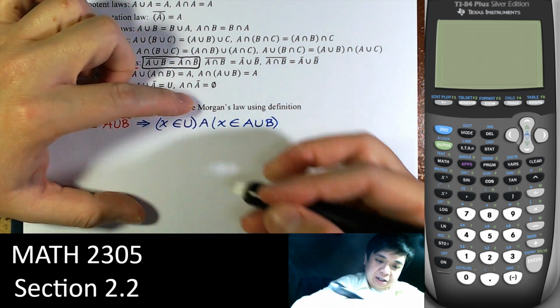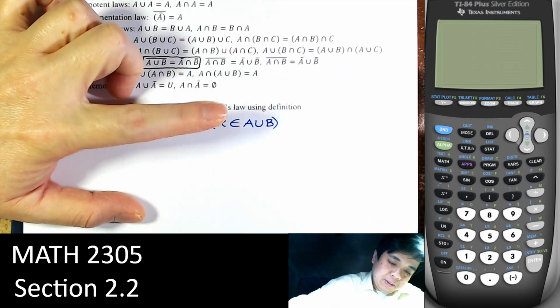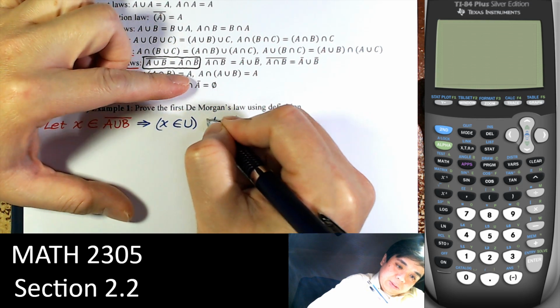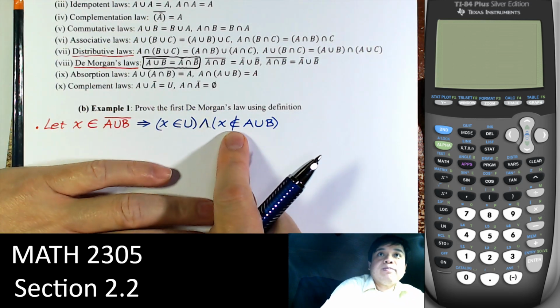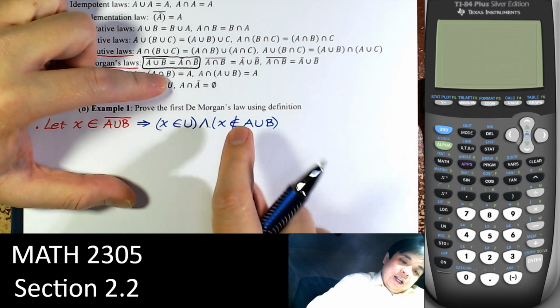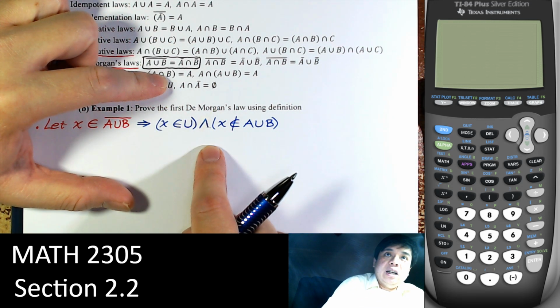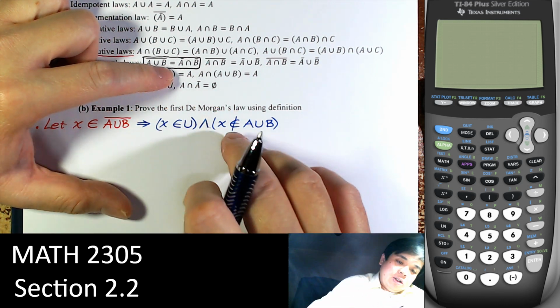Alright, this is the intersection, right? So that is not. Next, if it is not in A or B, it has to be not in A or not in B. So let's just write that.